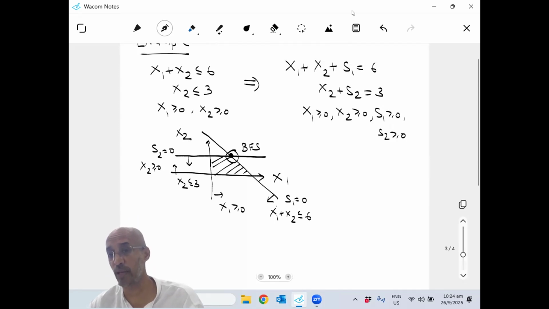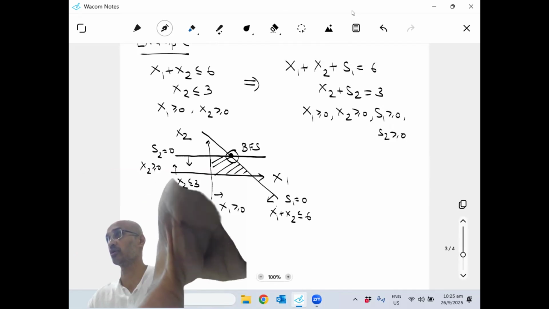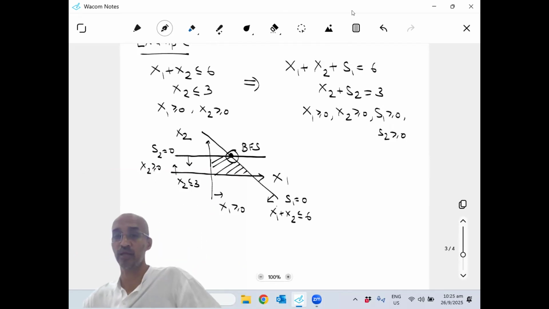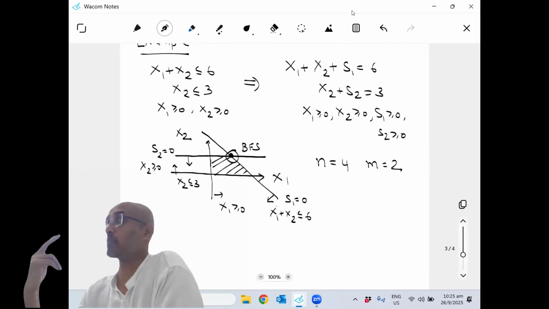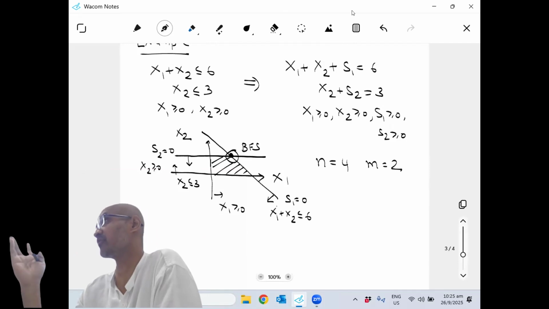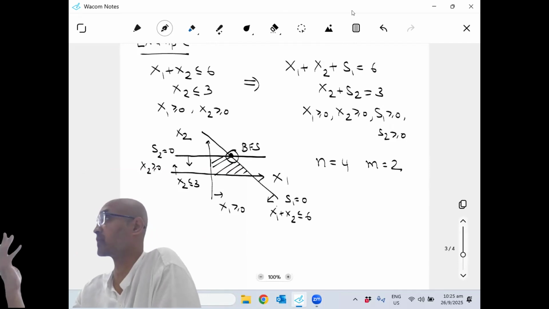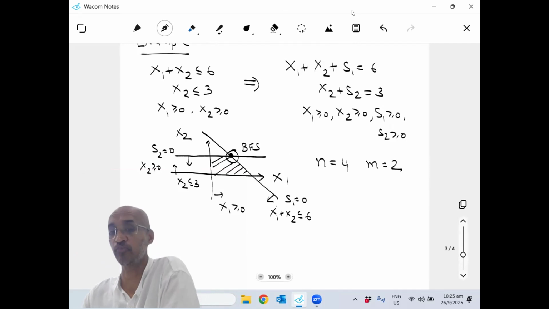I've plotted it in 2 dimensions. But if I look at the standard form LP, n is 4 in this problem, and m is 2. So my number of basic variables should be 2, and number of non-basic variables should be 2. So at this point, what are my two non-basic variables?